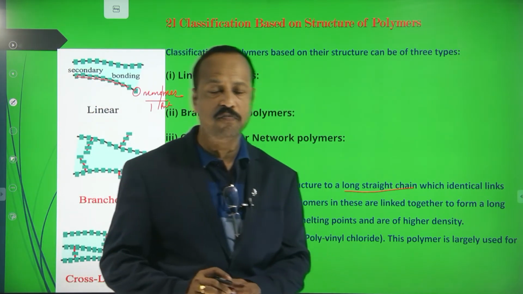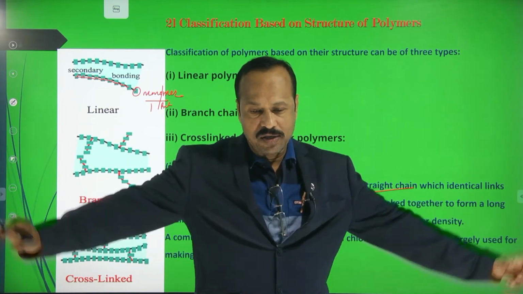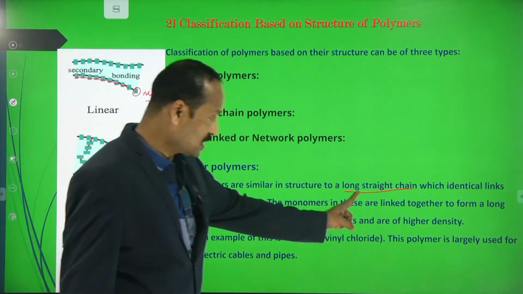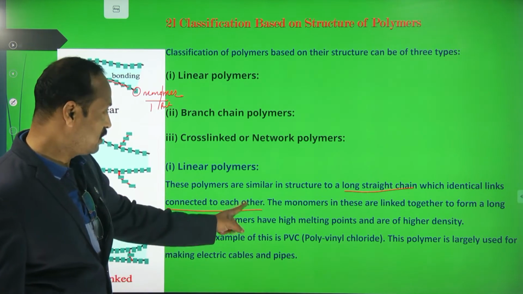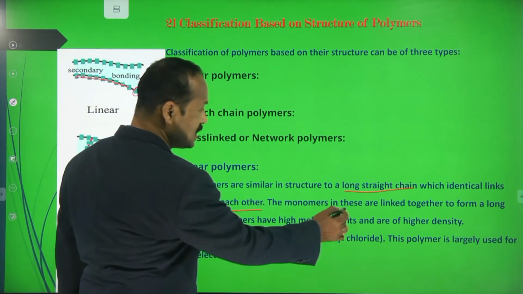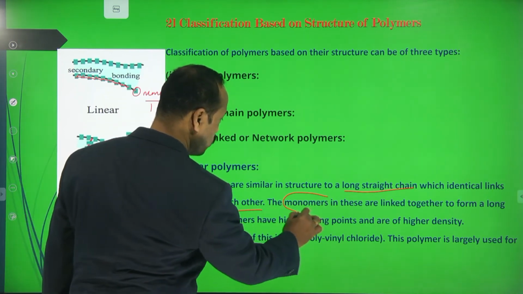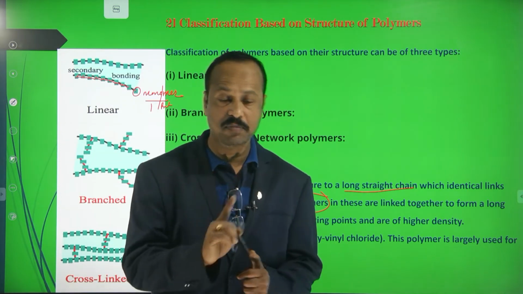So similar types of monomers will join one by one and form a long chain. The monomers in this are linked together to form a long chain. Mono means single, mer means unit.